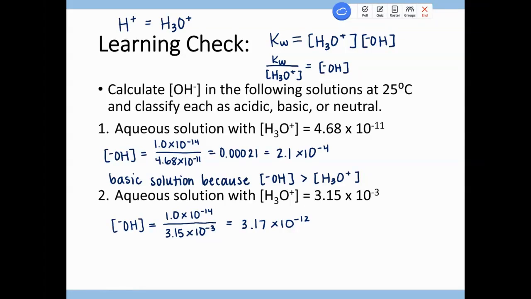The second solution, the concentration of H3O plus is higher than the concentration of OH minus. We're looking at 10 to the negative 12 versus 10 to the negative 3. 10 to the negative 3 is a larger value. So H3O plus concentration is higher, which means acidic solution.